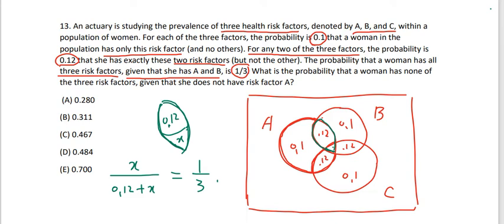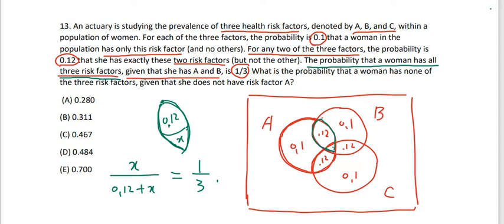Okay, so this sentence we need to understand: the probability that she has all three. So this is the X, but given that she has A and B. Given means we just check this part, this condition.